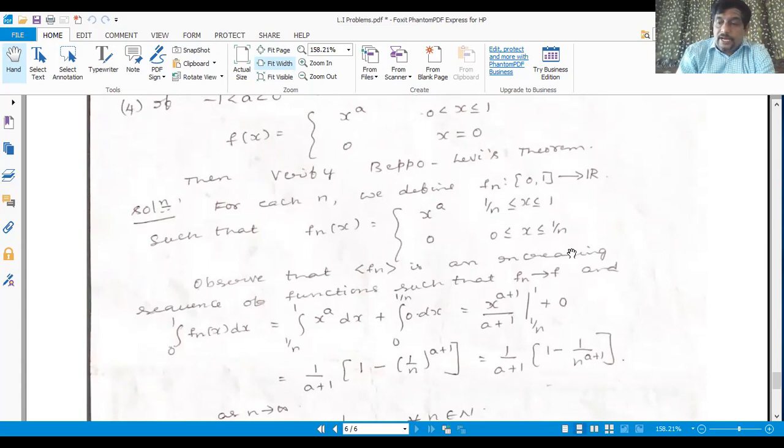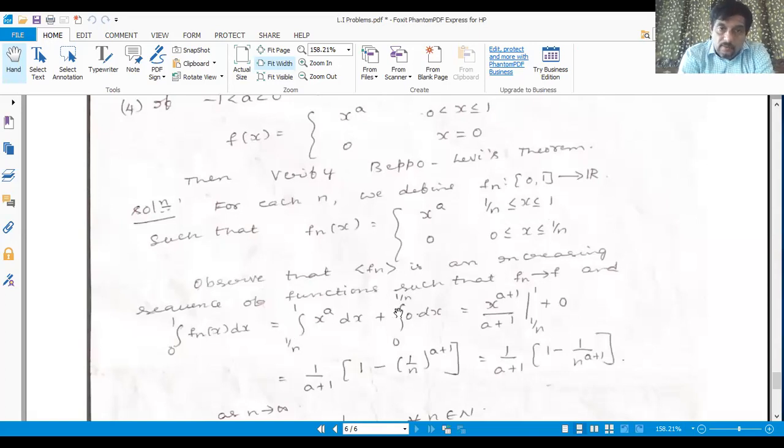Here we observe that fn is an increasing sequence, because it is a monotonically increasing function, such that fn converges to f. Also you can find the integral from 0 to 1 of fn(x) dx, where the interval ranges from 1/n ≤ x ≤ 1.